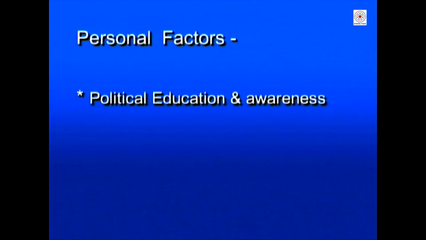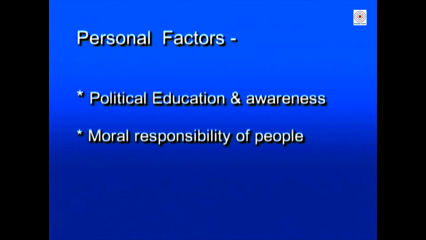Then another important personal factor that we consider is that people themselves should obey certain civil norms. Okay, our official is corrupt, and we want to overthrow him, we are that much politically aware, but what about ourselves? So here the moral responsibility of the citizen must also be taken into consideration. The people themselves must obey certain civil norms.